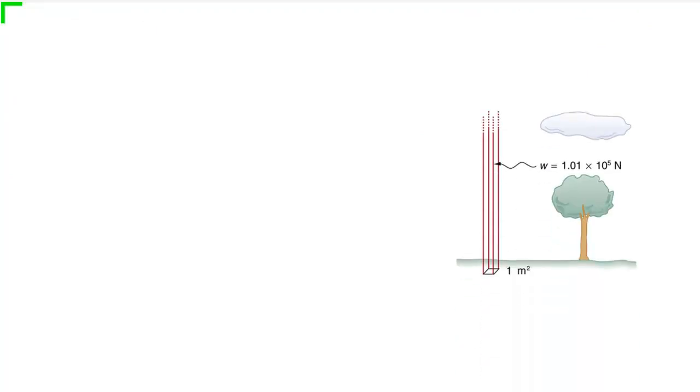Next, let's consider the pressure acting on us right now. So let's say that we are at mean sea level here. And let's say we consider a square, which is 1 square meter large, and we consider all the weight of the air all the way up to the end of the atmosphere above us.